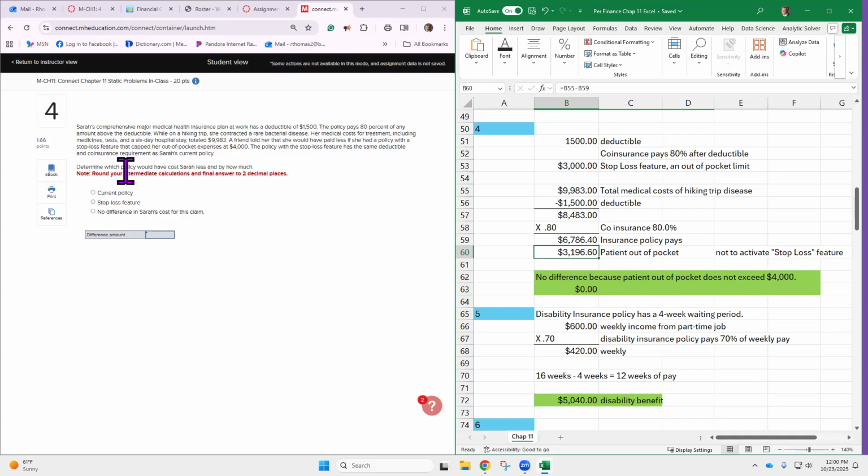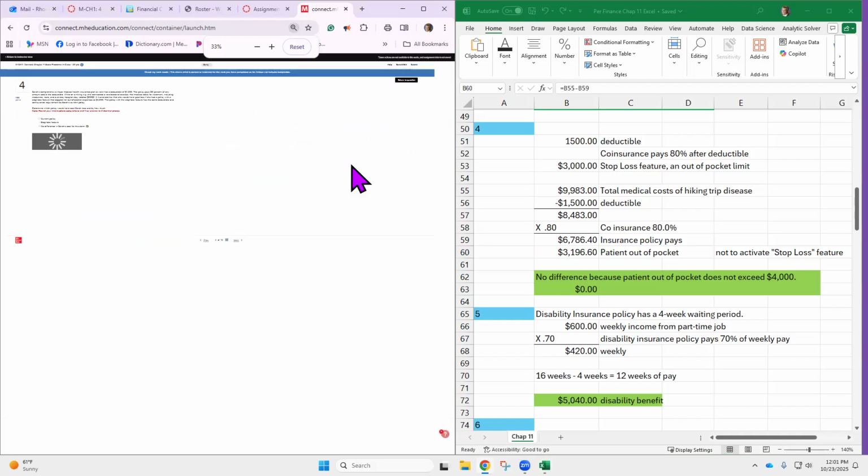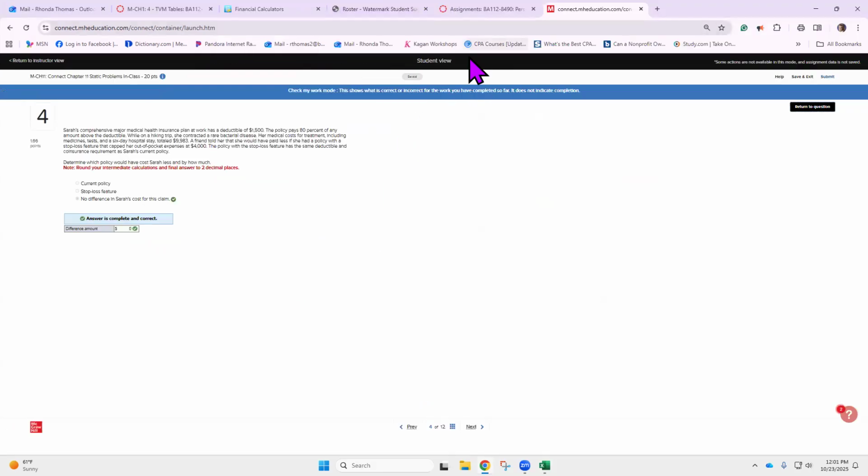Okay, so determine which policy would have cost Sarah less and by how much. There is no difference, because she didn't reach that. So I think the difference amount is 0, is what they want. Having that stop loss feature would not have mattered in that particular incident.